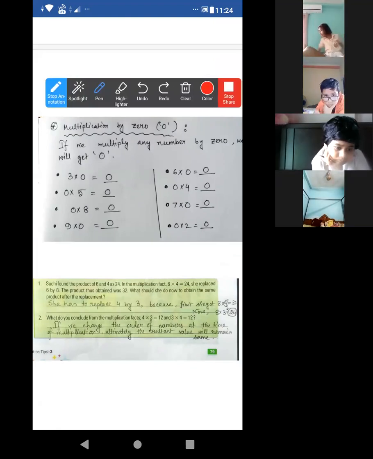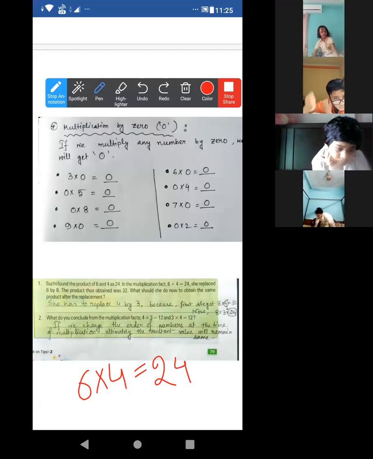Shuchi found the product of 6 and 4 is 24. So what is given? Product of 6 into 4 is equal to 24. It is given. Now, in the multiplication fact, she got 6 into 4 is equal to 24.